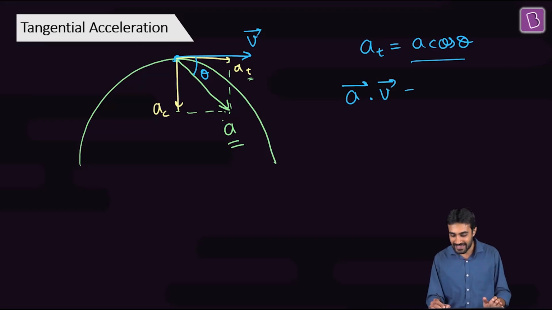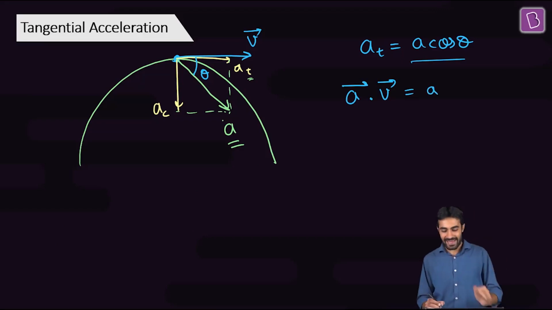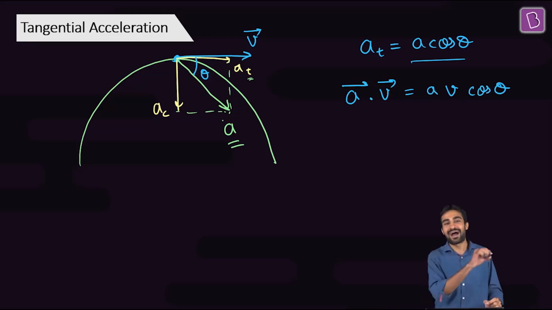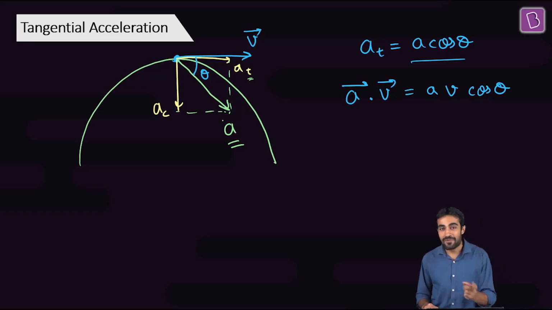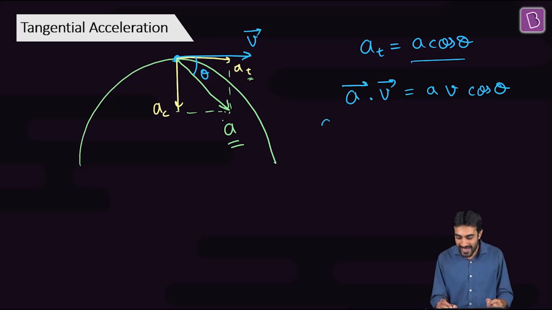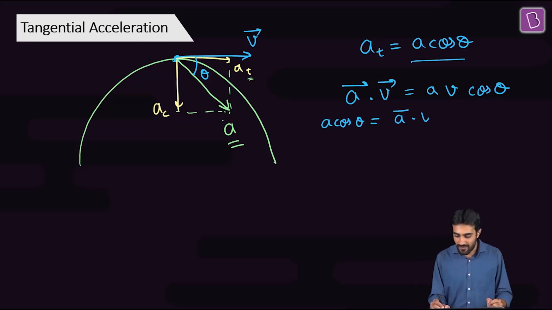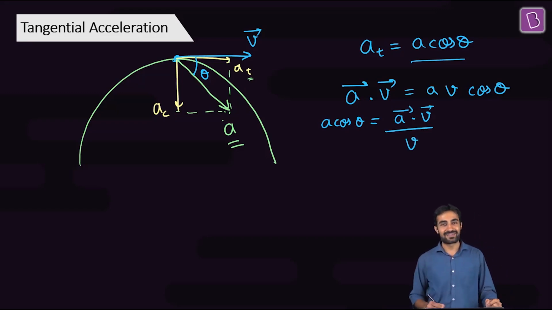Dot product is magnitude of A, magnitude of V, and cos theta. And we have to find out A cos theta, isn't it? So A cos theta can be written as A vector dot V vector divided by magnitude of V, isn't it?